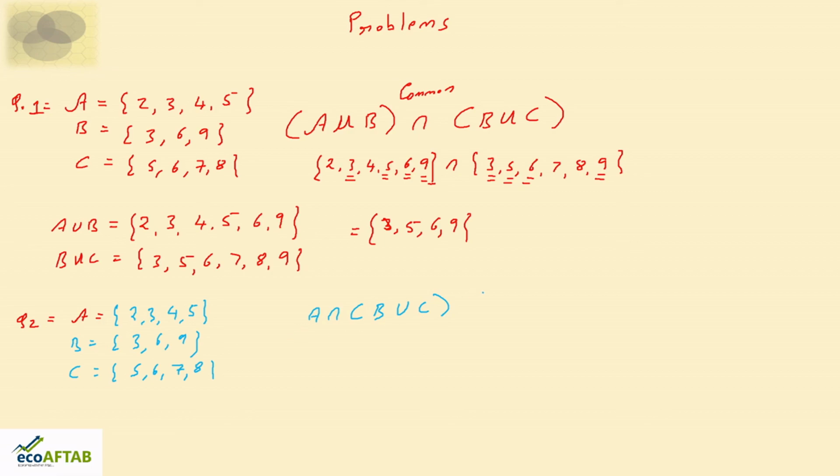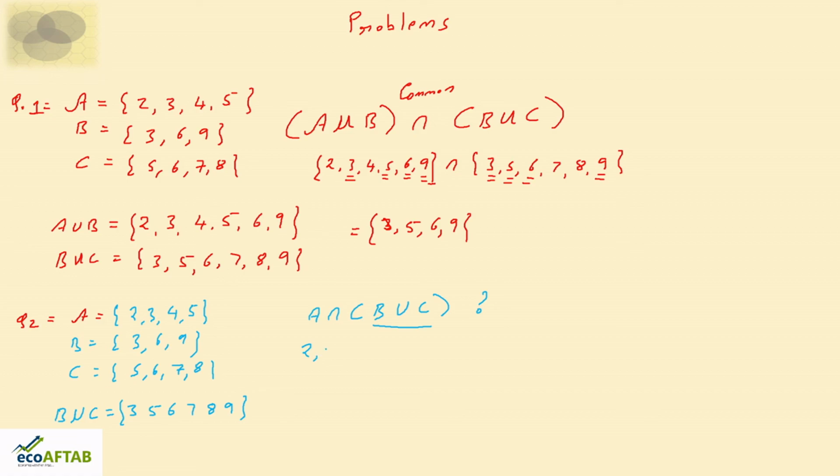If this is the question, we first have to find out what B union C is. So friends, B union C is 3, 5, 6, 7, 8. Now what is set A?